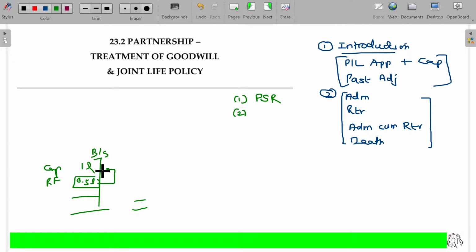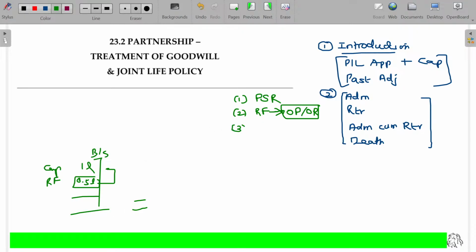Understand the logic? The admitting partner demands some share, so we have to calculate the PSR including his share of profit. Second, whatever profit remains undistributed at the time of admission, close it and distribute it to the old partners. Any reserve or surplus fund should be given to the old partners, usually shared in the old ratio, so that the new partner will not demand it. He does not have the rights.